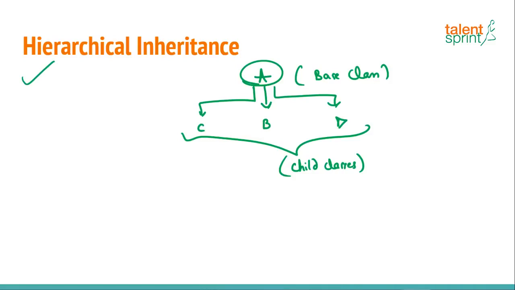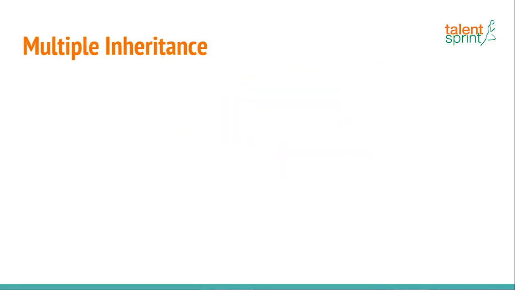Alright. Next up, what we have is multiple inheritance. Now, multiple inheritance, please remember, is achieved only through interfaces, not through abstract classes. Remember this, abstract classes don't allow multiple inheritance, only interfaces.